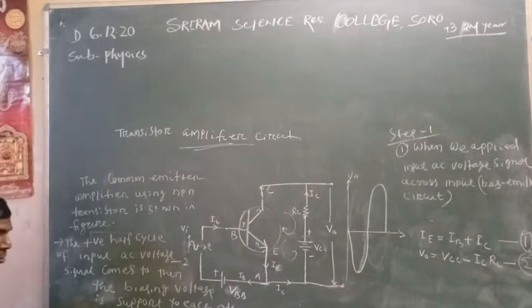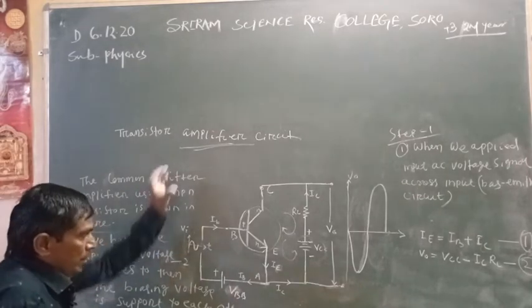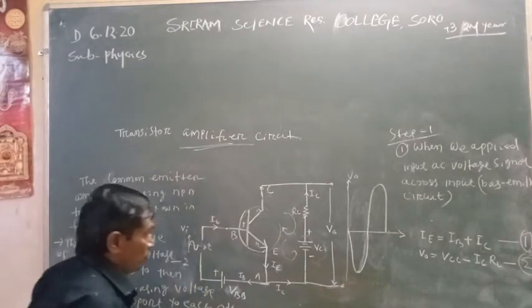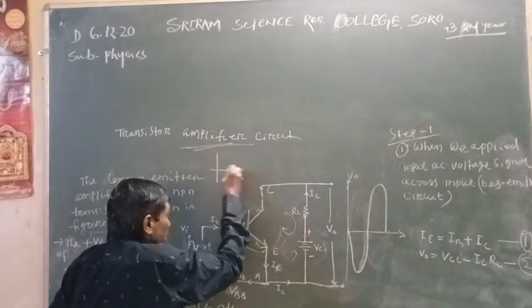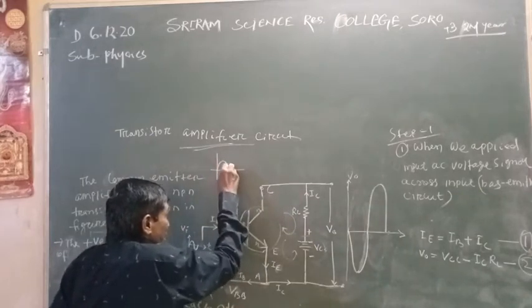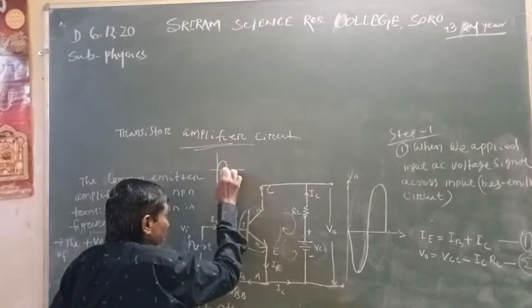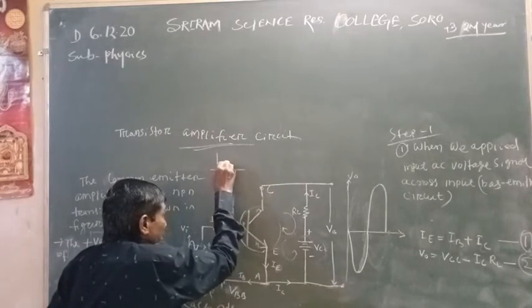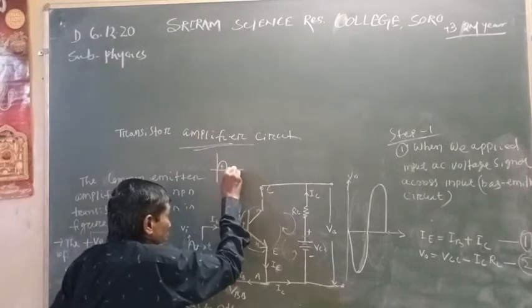Now the meaning of that: an AC signal has a positive half cycle and another is the negative half cycle. So this is the positive part and this is the negative part.